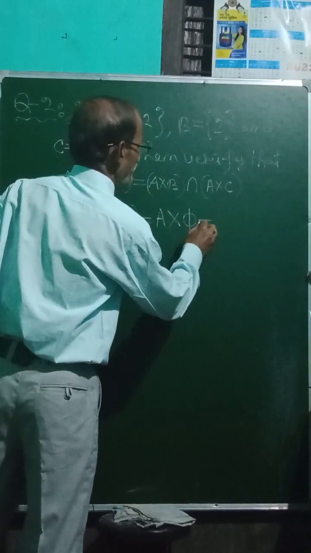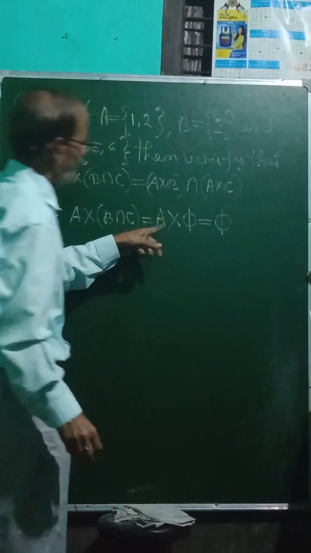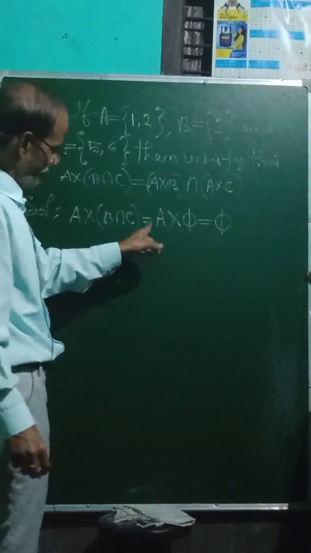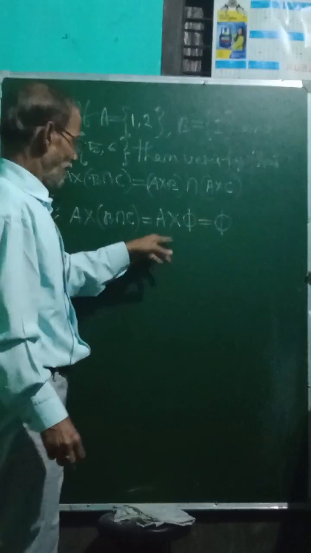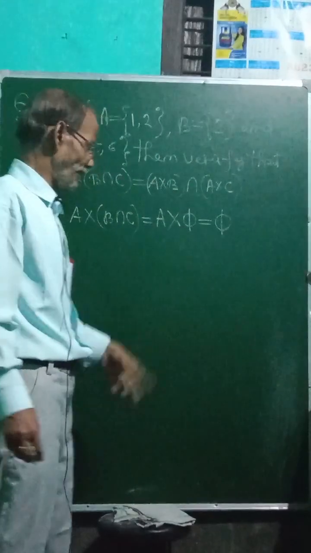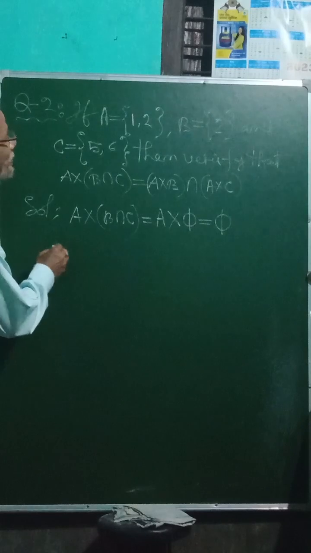So A cross phi is equal to phi. Since A has some elements but there is no element in phi set, ultimately the cross product is phi. We have seen in the last day in remarks that if one of the sets is a null set, then the total cross product is the null set.